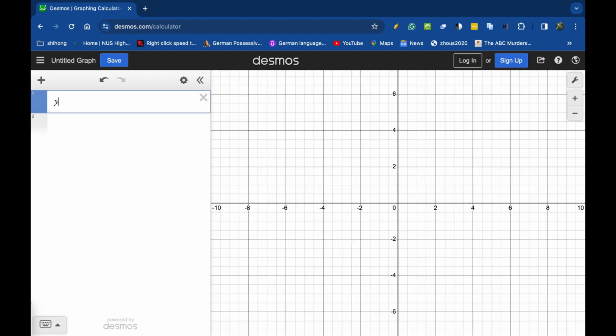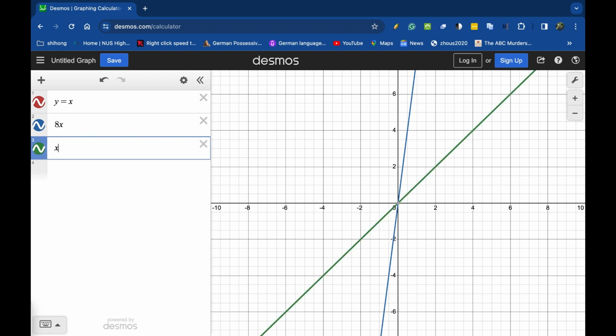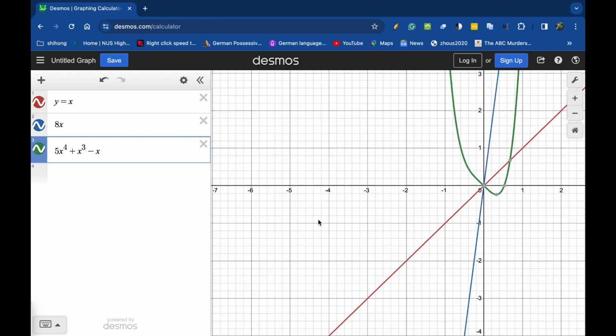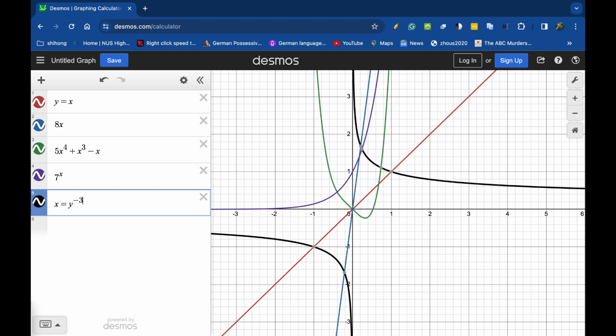Desmos allows you to graph different things like linear graphs or polynomial graphs of any order as long as it doesn't crash. Like this, for example. You can graph exponential graphs, or maybe if you want to do it in a different way, stuff like that.